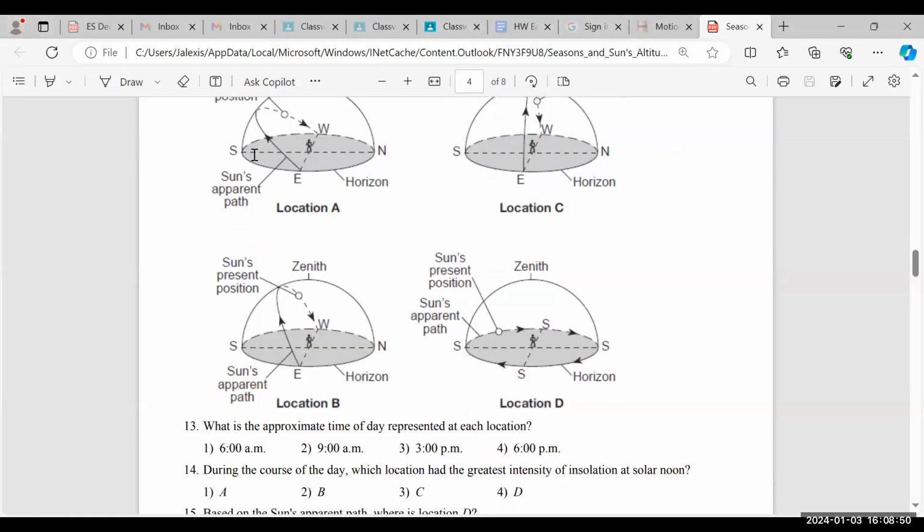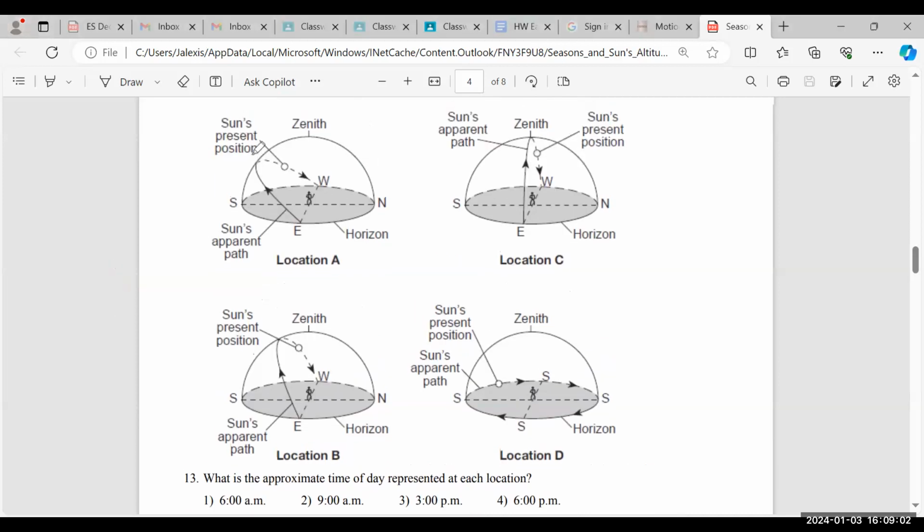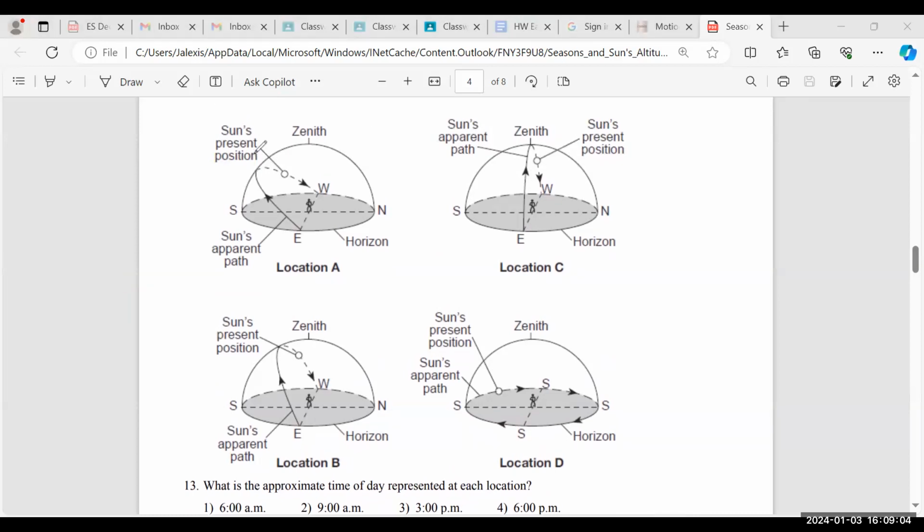And the question says, what is the approximate time of day represented at each location? In order to find out the time of day it is, we have to look at where the sun is. And this is all occurring on the same day.